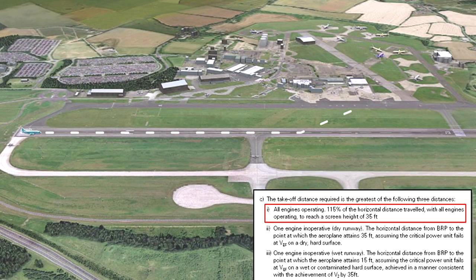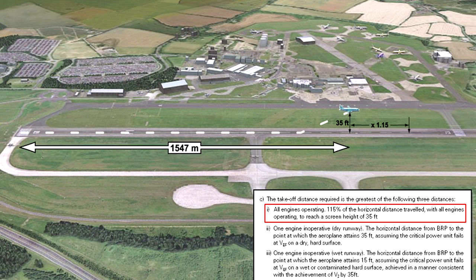The first of these distances assumes a dry runway and that all the engines are operating. This first distance is the total distance from brake release point until the aeroplane reaches 35 feet, multiplied by 1.15.